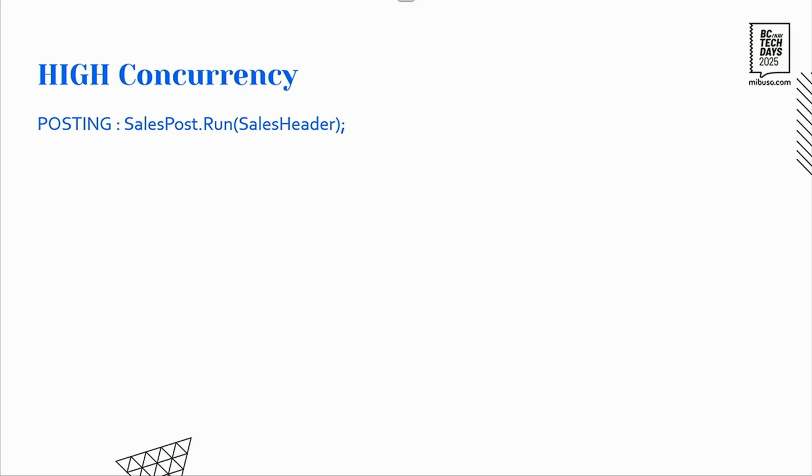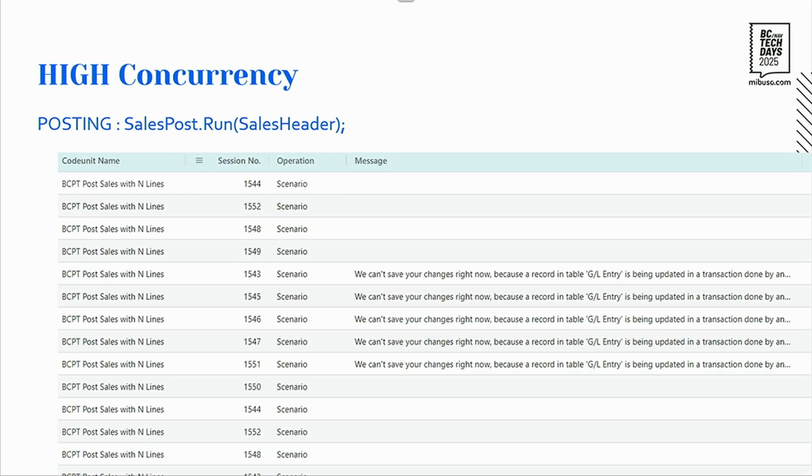So we run this BCPT, and we experimented for quite a long time, meaning 6 hours, 8 hours continuously, trying this kind of sales post. When we started, if you do this kind of sales post with 10 sessions, 12 sessions, or whatever it is, you immediately receive this: a lock timeout on the GL entry.